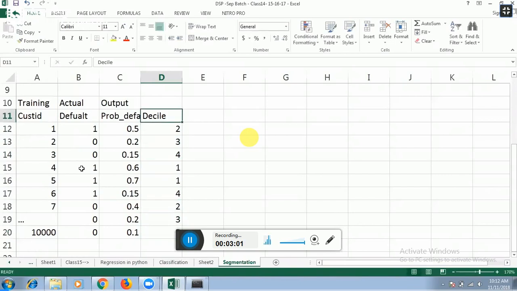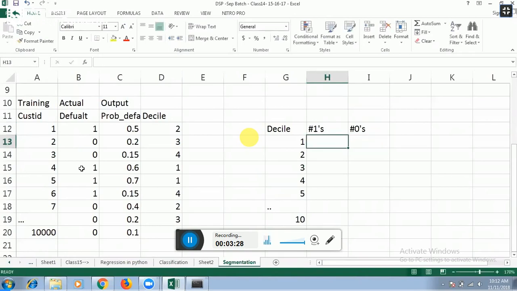So what we are trying to get is the decile. Once you know the decile, for each decile, like 1, 2, 3, 4, 5, etc., I can calculate the number of ones and the number of zeros.